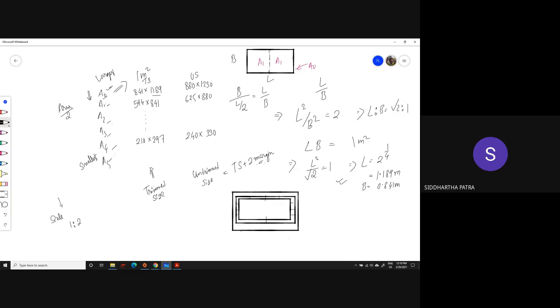Now the most common scale should be 1:1, where you draw exactly the same size as the final object. Now using a scale of 1:2 means that you reduce the dimensions while drawing. You reduce the dimensions to half.